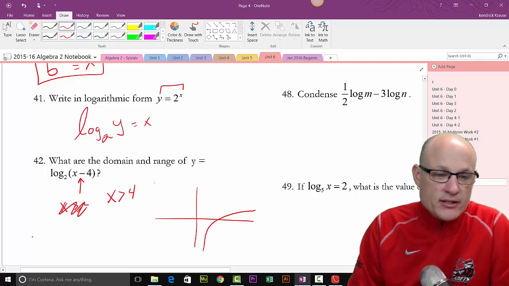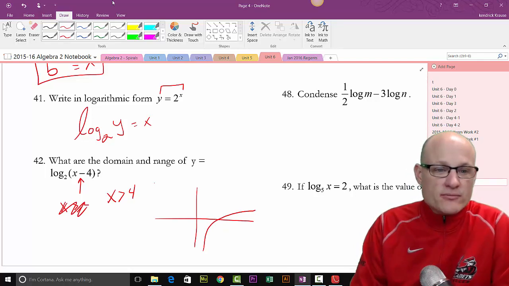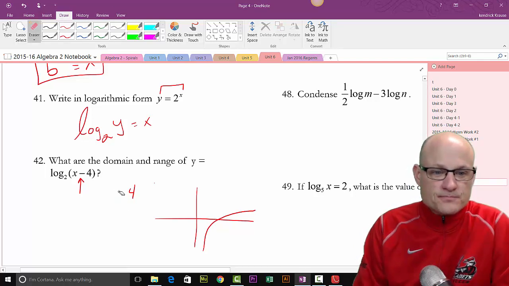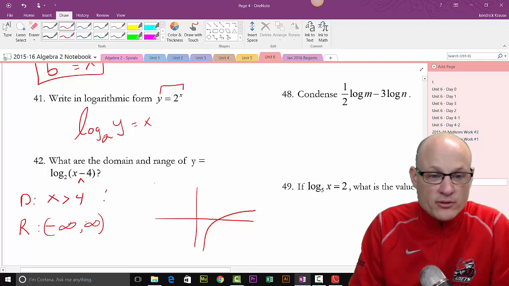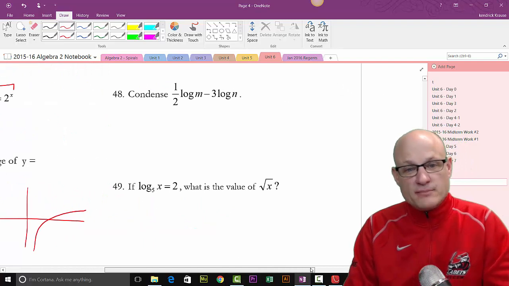So the domain is x greater than 4. The range is all reals, or negative infinity to positive infinity. And on this one, I should have put 4 to positive infinity. Something like that. Okay, moving on.